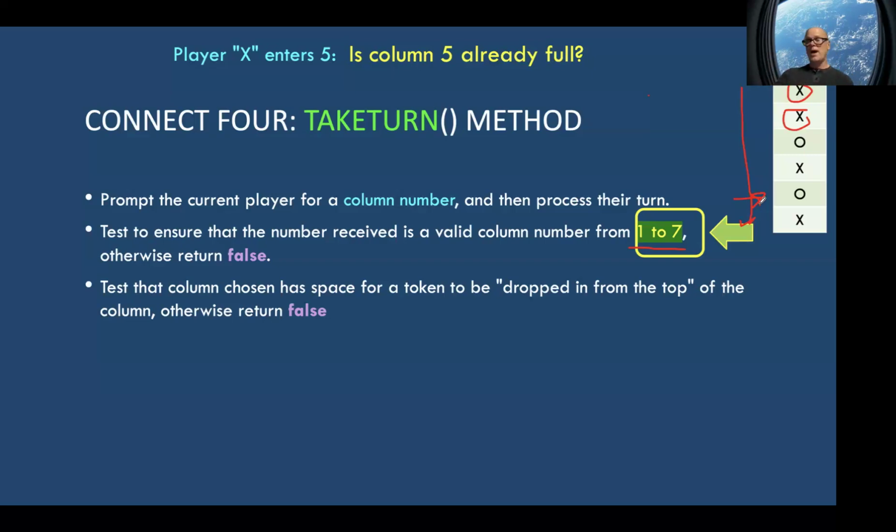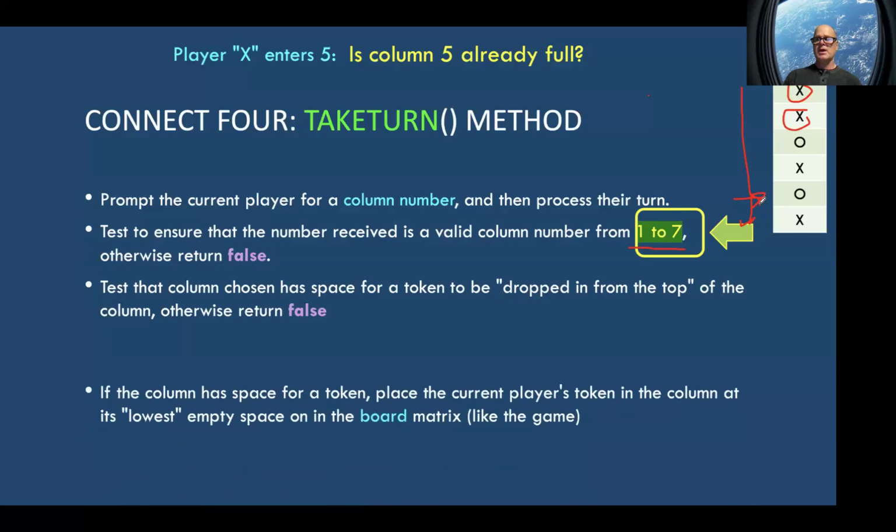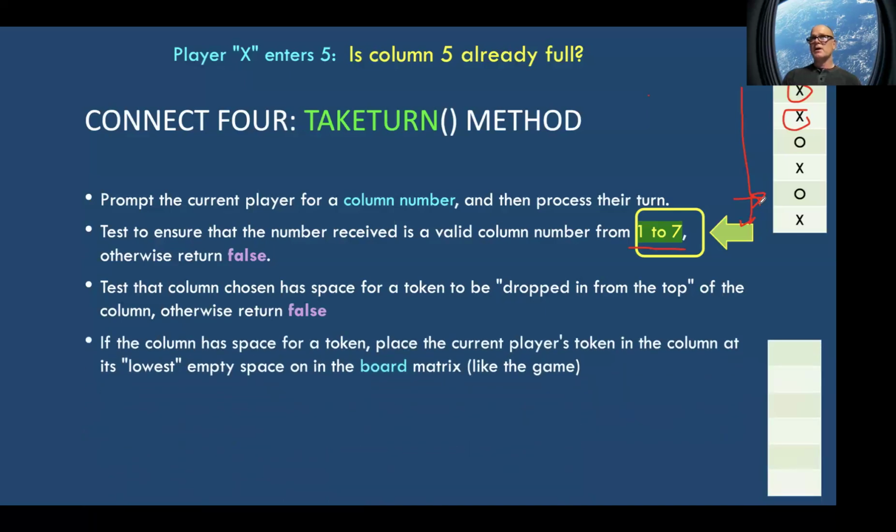It will just go back and ask that player again to take a turn, okay? So you're not looping inside of your take turn, but you are prompting the user for some data. Now, if it turns out that the column is empty or almost empty, you're going to have to search to find the last empty position, and that's where you're going to put that particular player's token, okay? So that's the newer, trickier part of the take turn.